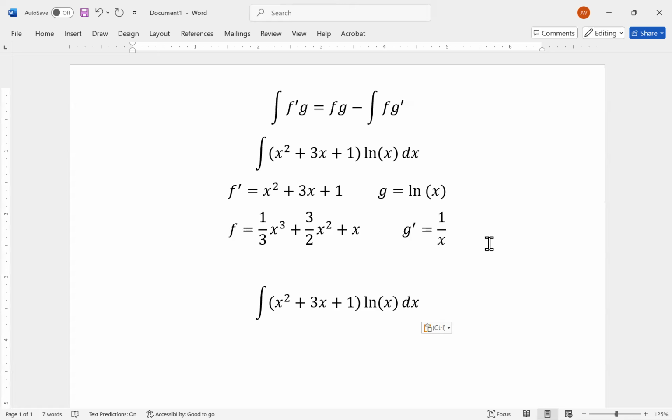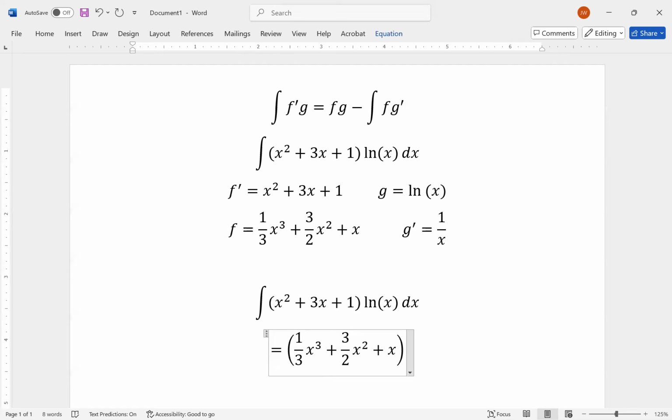So we're trying to integrate this. This is what we call my f prime times g integrated. So I need to take f times g. F is this ugly polynomial times g, which is natural log of x. Let me write that down. The ugly polynomial is 1/3 x to the third plus 3/2 x squared plus x.